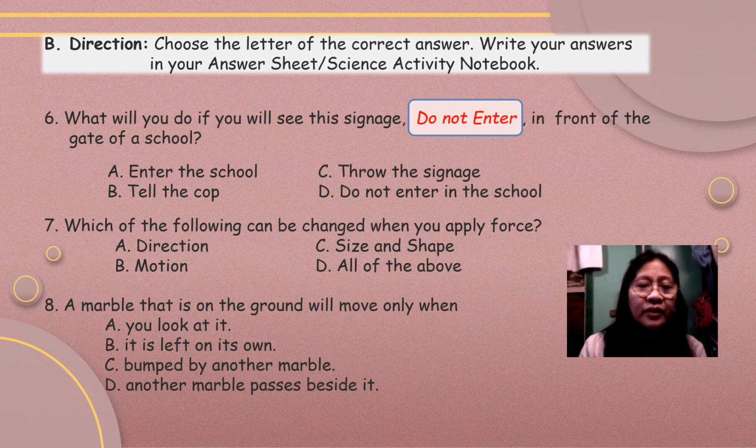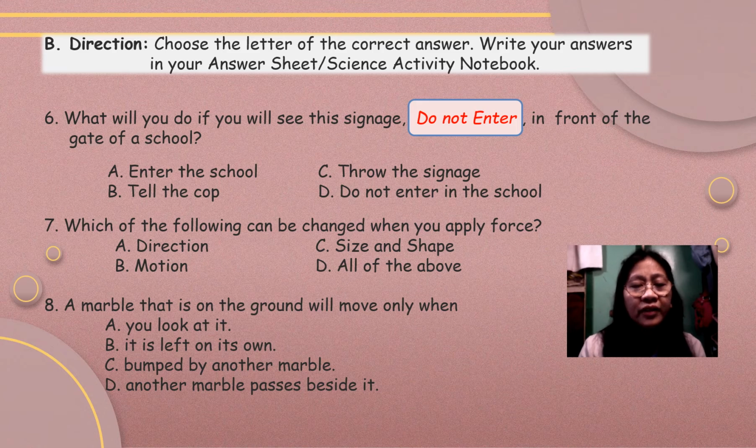For question number 7, which of the following can be changed when you apply force? A, direction, B, motion, C, size and shape, D, all of the above.